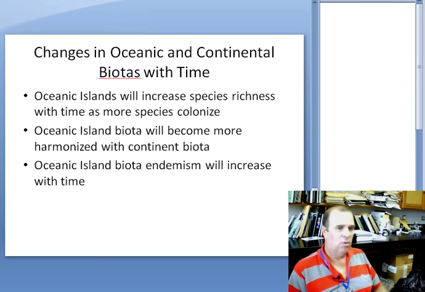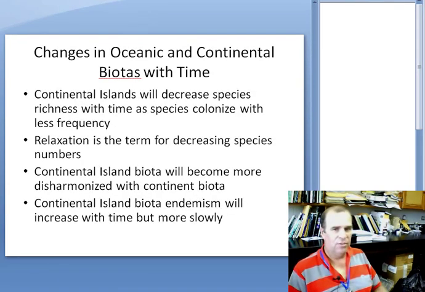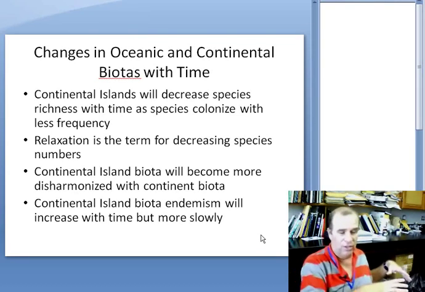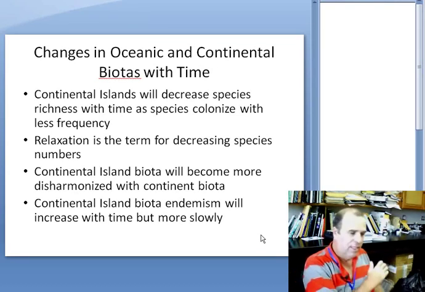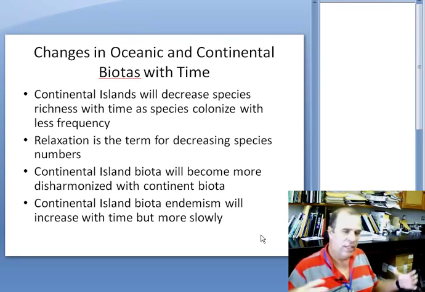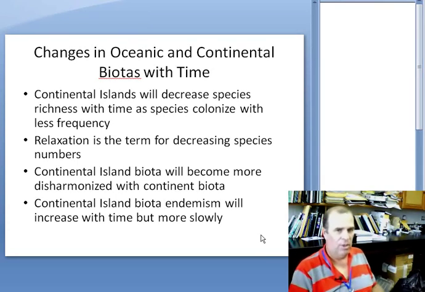So what will happen with continental islands with time? Continental islands will decrease in species richness with time as species colonize with less frequency. When the continental island was joined to the rest of the continent, species could colonize the island easily, very quickly, because they just had to walk across. When the continental island got cut off by the water, that colonization frequency decreased.